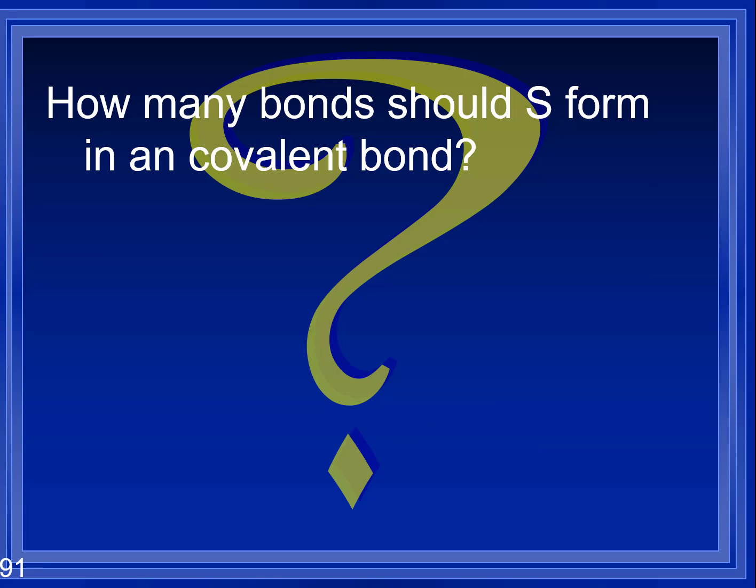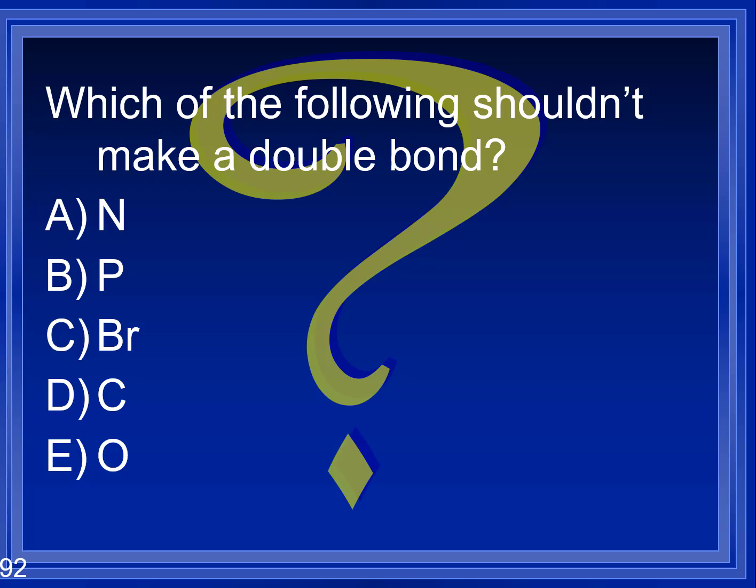So just make sure we're all in the same place on this. How many bonds should sulfur form? Okay. Everybody see that sulfur should form 2, okay. Now let's turn it the other way.